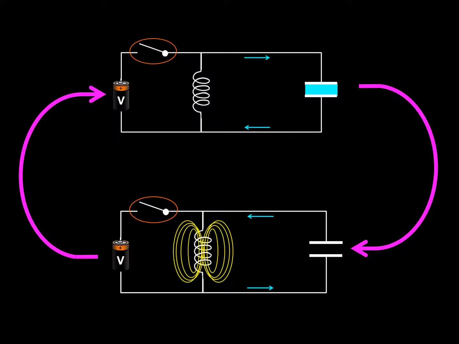The specific frequency at which a capacitor-inductor circuit oscillates is considered the natural frequency of the circuit, and the term resonance is used for it.